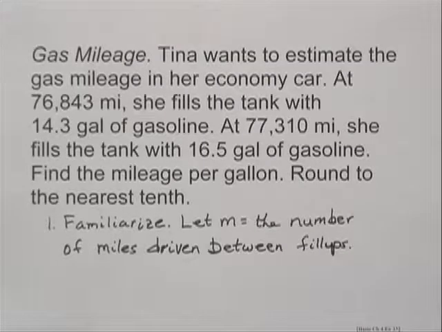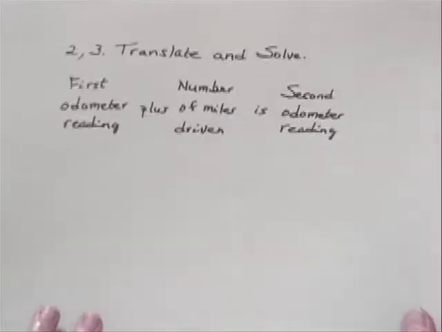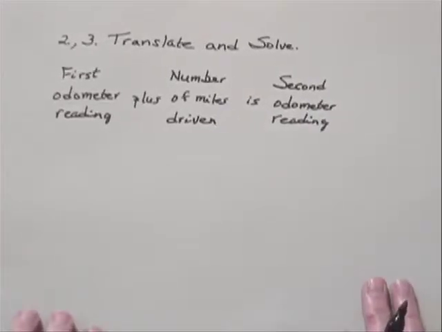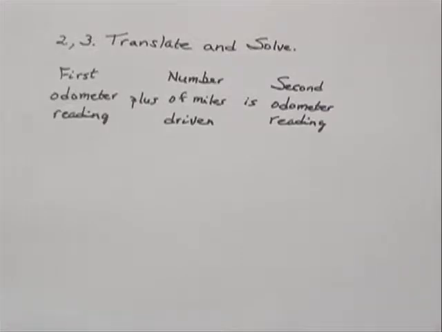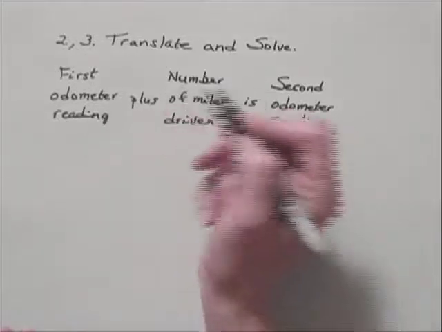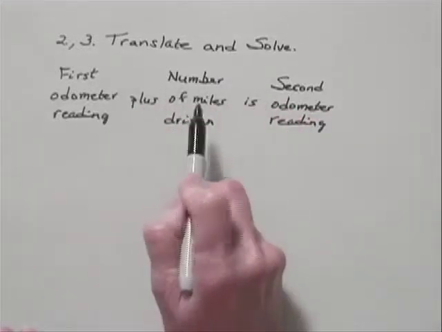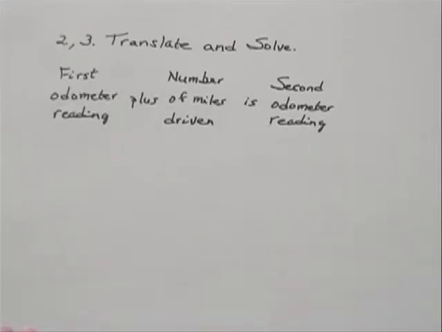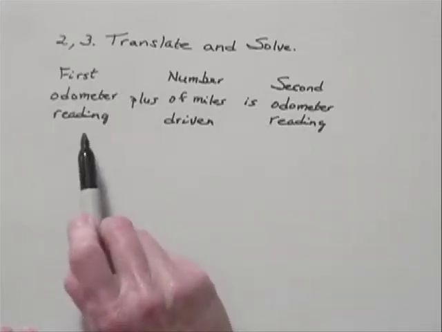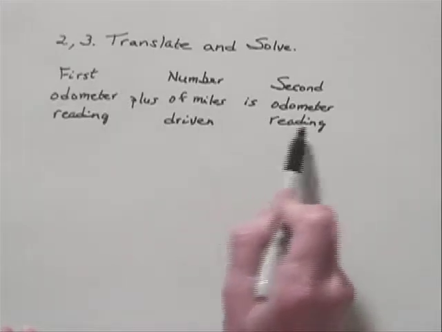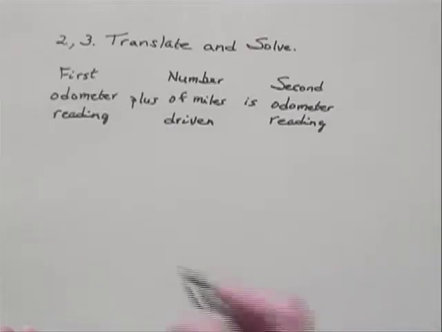Now let's write an equation, translate to an equation where we find m, and because this is a two-step problem, I'm going to combine the translate and the solve steps because I'm going to have to write two equations and solve two equations. To find the number of miles driven between fill-ups, we know that number plus the first odometer reading should be the second odometer reading.